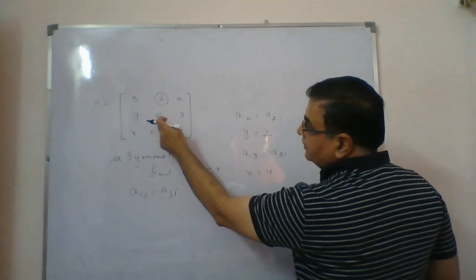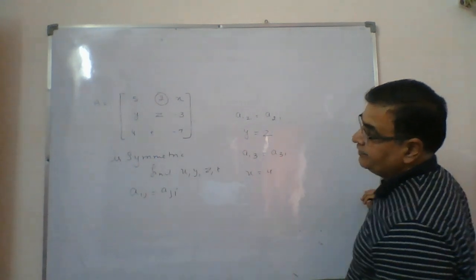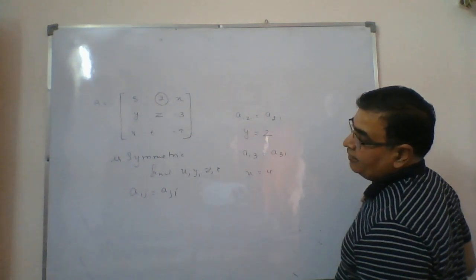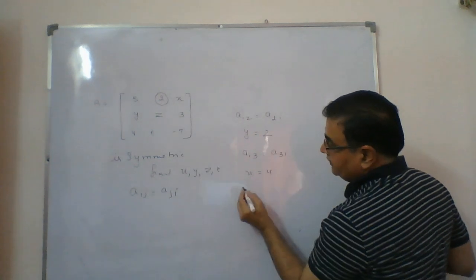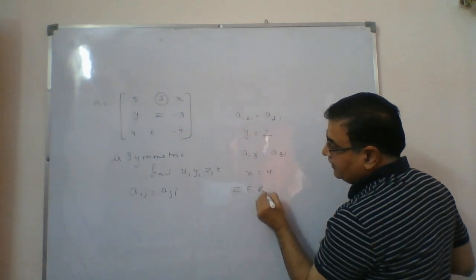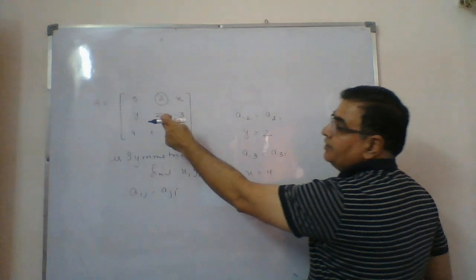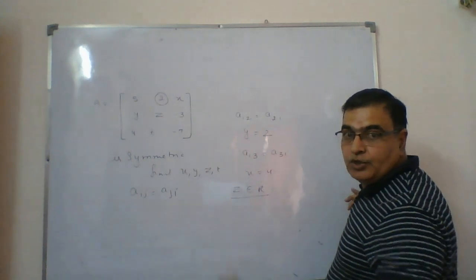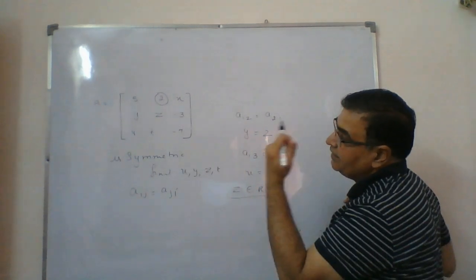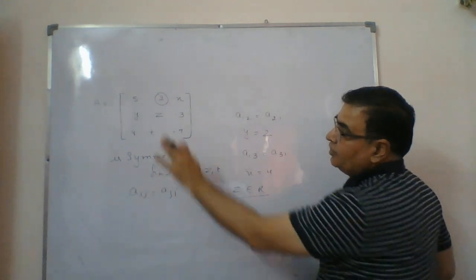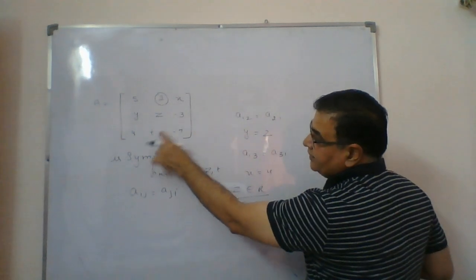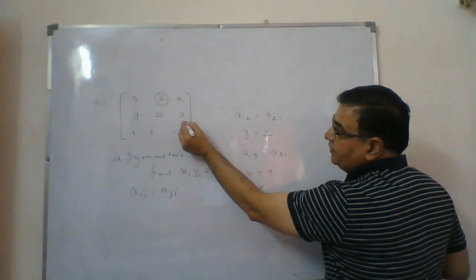And then this element z, can you calculate? z is any real number because z is a diagonal element. It is not going to change its position, so z can be anything possible in this case. It will remain symmetric. What about t?